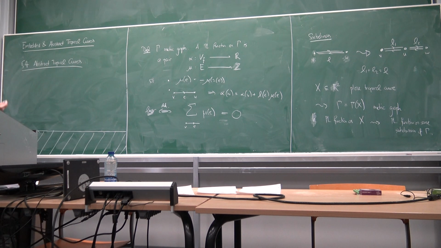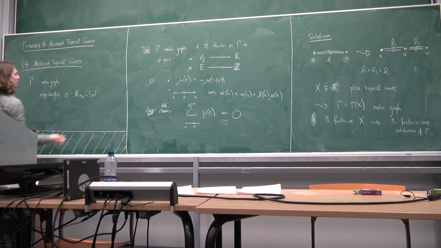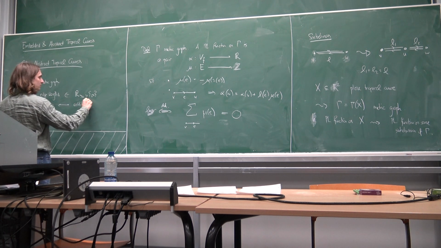The basic idea is that if we have a metric graph gamma, then the edge lengths by definition are either a positive real number or infinity, and this process of subdividing edges is kind of a reflection of addition here.